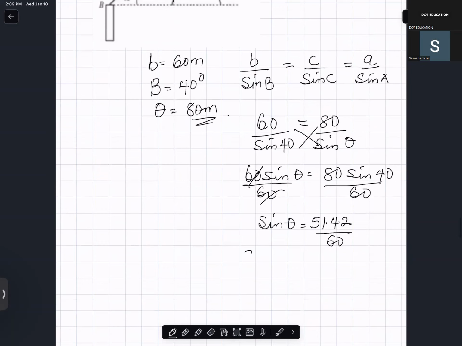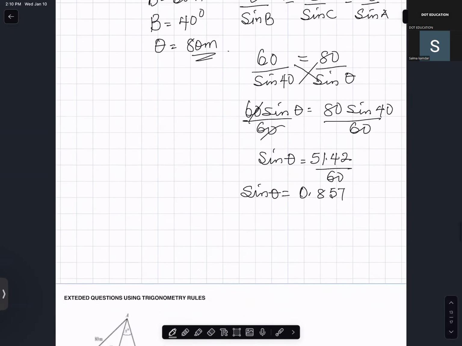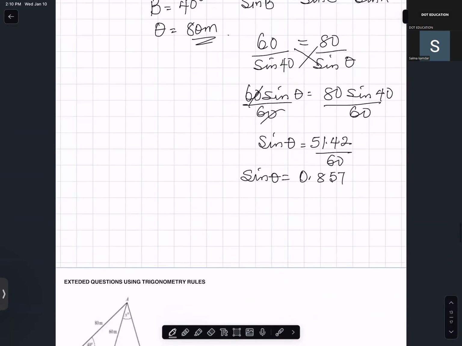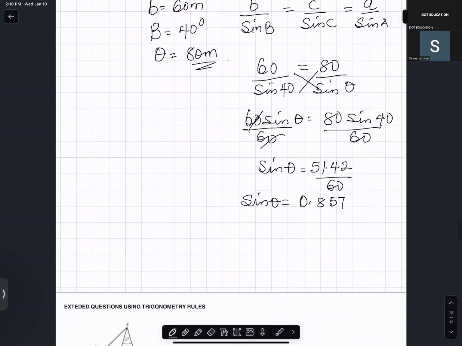So we have sine theta as 0.857. So what becomes my theta? So we have theta as sine inverse of 0.857.